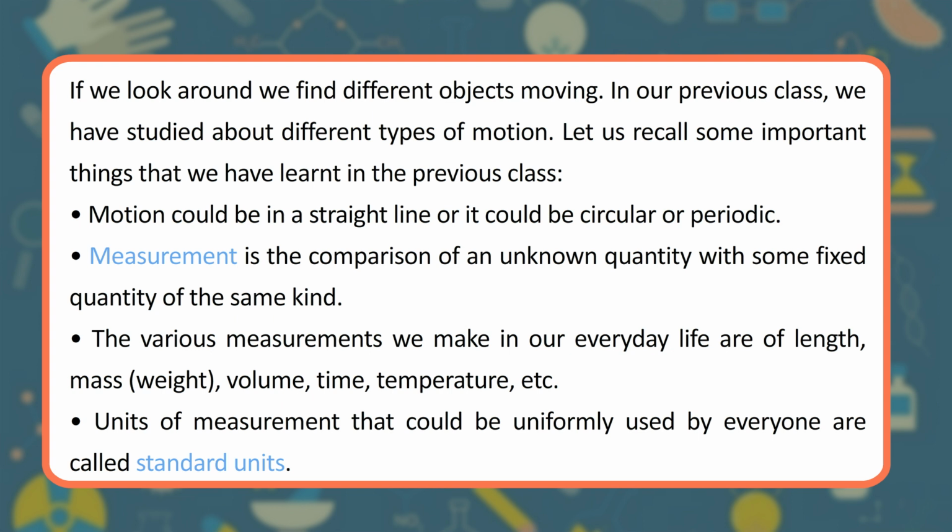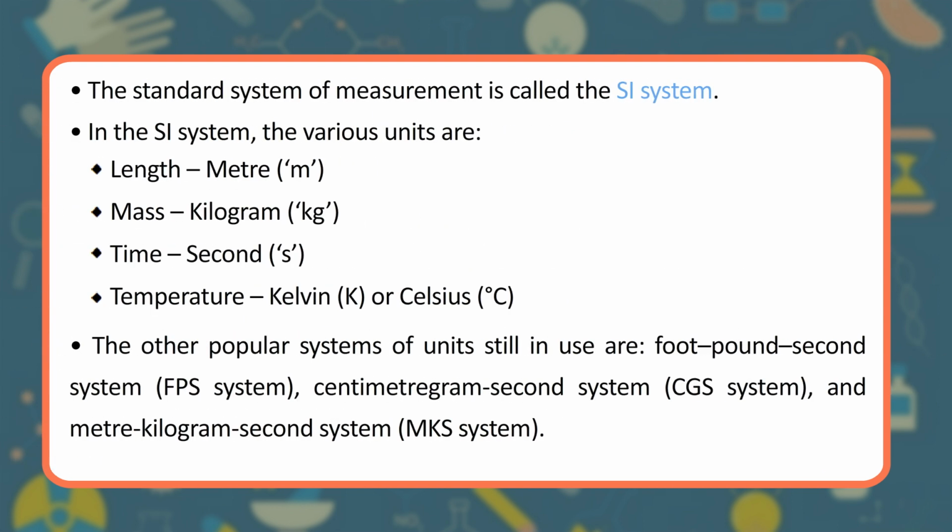Units of measurement that could be uniformly used by everyone are called standard units. The standard system of measurement is called the SI system. In the SI system, the various units are length, meter, m; mass, kilogram, kg; time, second; temperature, Kelvin, K, or Celsius, degree Celsius.